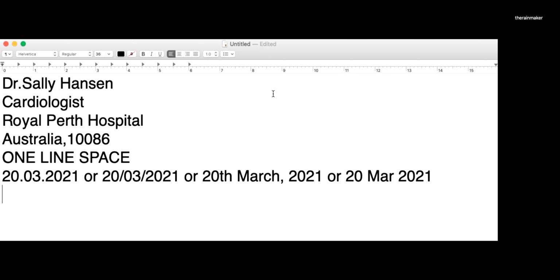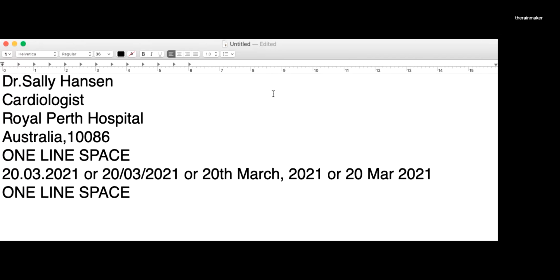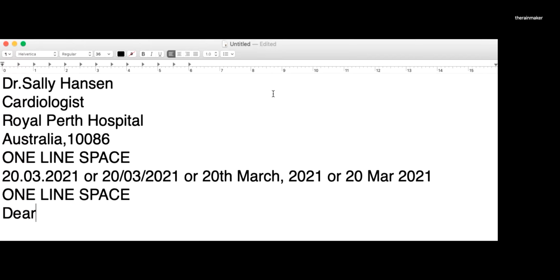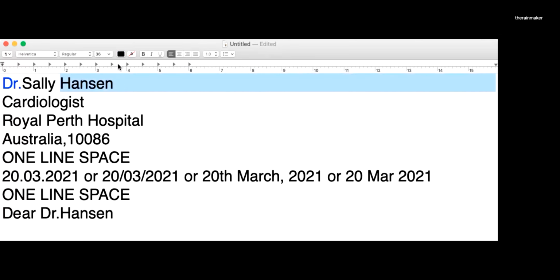After that, we have, again, our old friend back: a one-line space. We should never forget that. After that, we have Dear Dr. Hansen. You must be noticing that we have picked up the reader's position, that's a designation. Let me color it in blue so that you have a better understanding. And we have taken the reader's family name, or surname in British English.